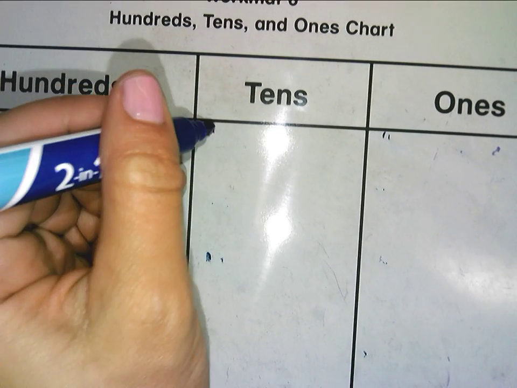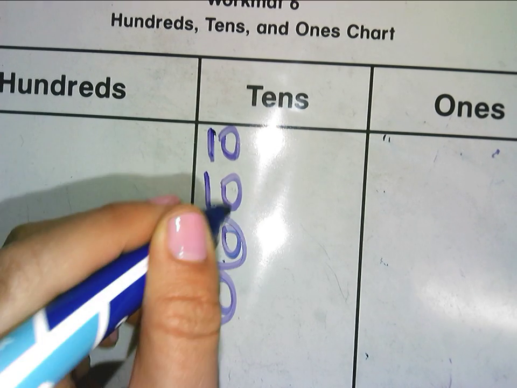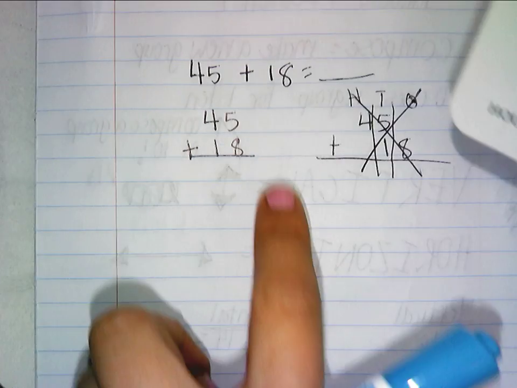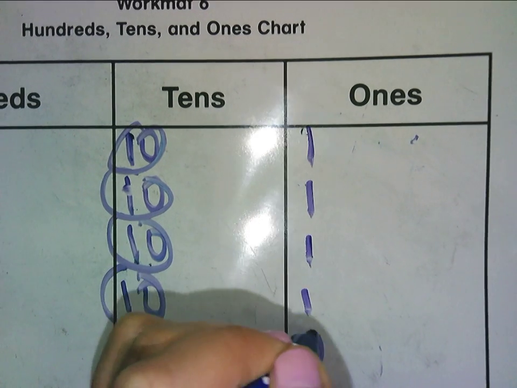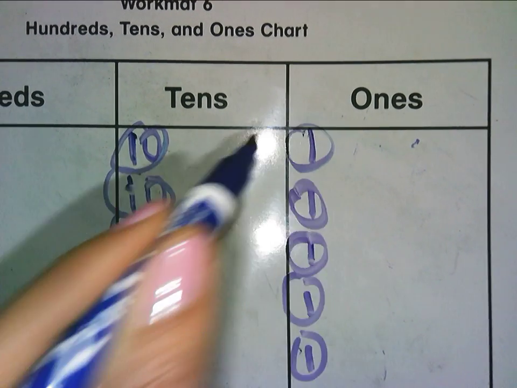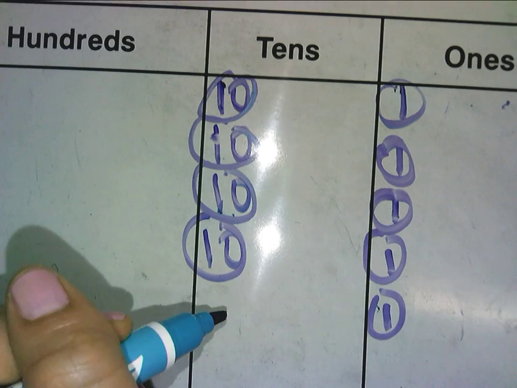So I have 4 groups of 10. And 5 ones. Then I add 1 10 and 8 ones for 18.